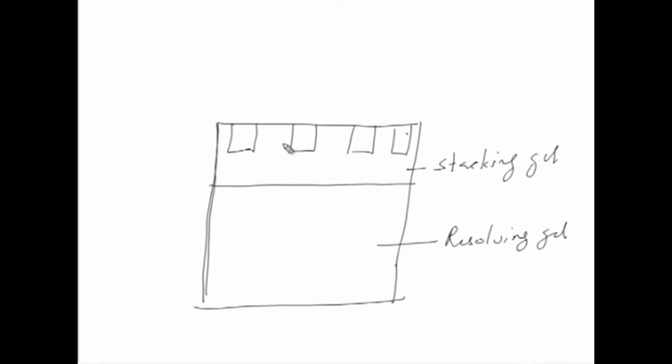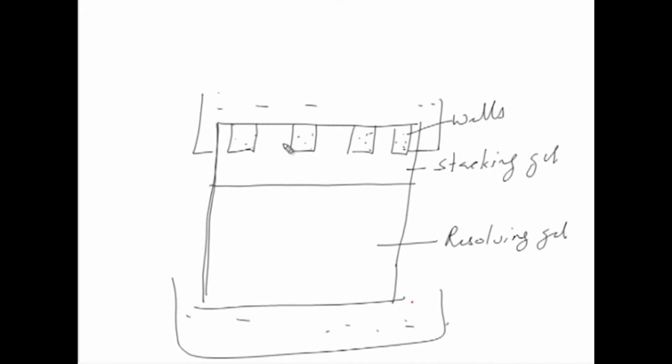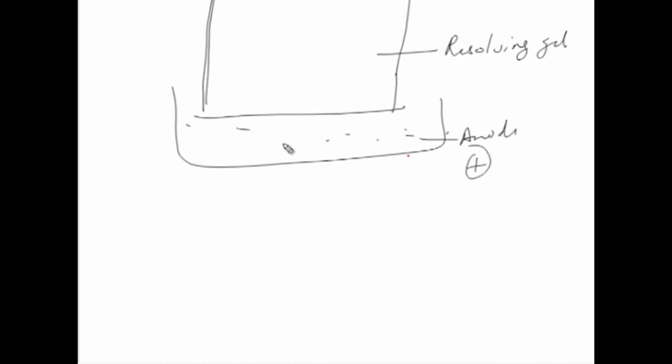These are wells where the sample is loaded. Your sample will be loaded in these wells as per how many samples you have, and on top and bottom there will be electrode buffer. This is the cathode chamber and this is the anode chamber. All right. So this is how the whole thing is. You can see the sample is between the stacking gel and the electrode buffer here. All right. So, let us move on.